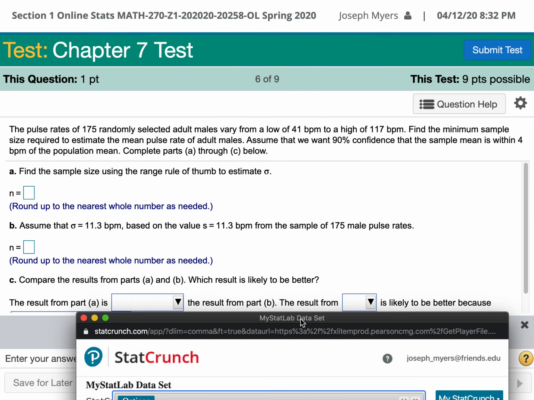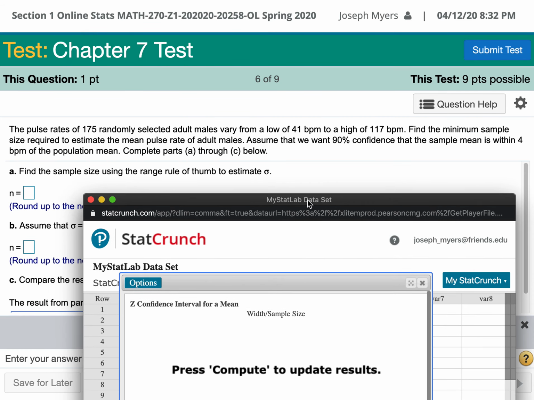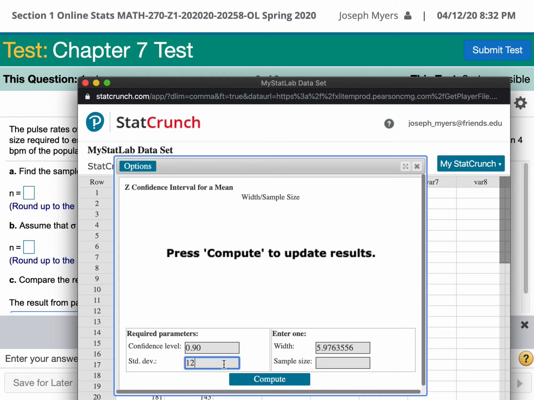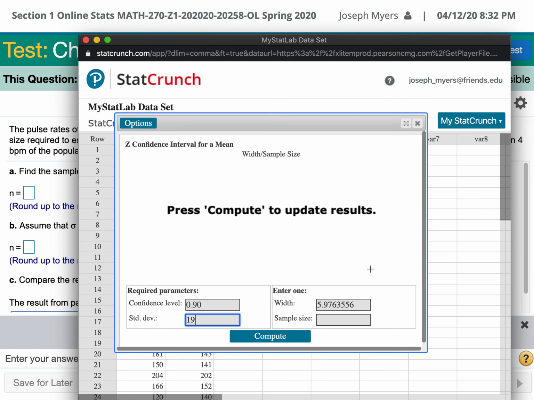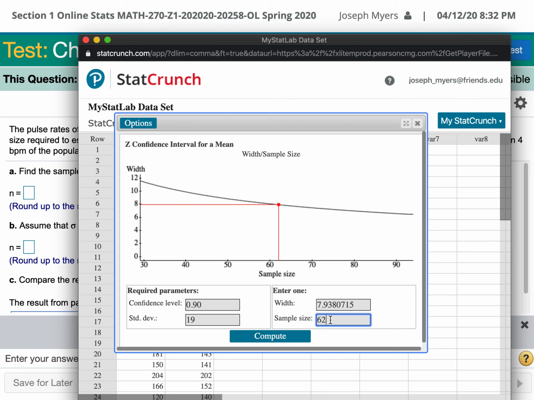Okay, now let's see. I'm assuming, remember, I'm assuming the standard deviation is 19 because of the range rule of thumb. Standard deviation equals 19. And then the width I want is within 4, so it could be plus or minus 4, so that's a total of 8. So the width is 8. And then the sample size I need is 62.